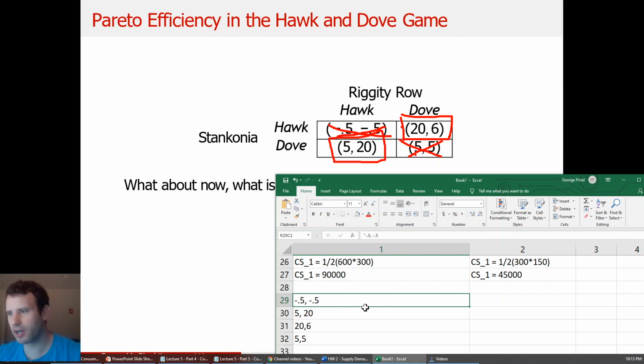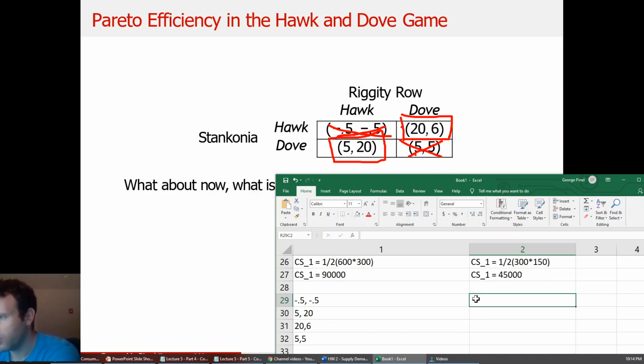So I could compare negative 0.5, negative 0.5 to 5, 20, okay? So I would go allocation to allocation, and I would say, is there an increase? Is there a decrease? If it's an increase, you have a plus. If there's a decrease, you have a minus. And if it's the same, it's 0, okay?